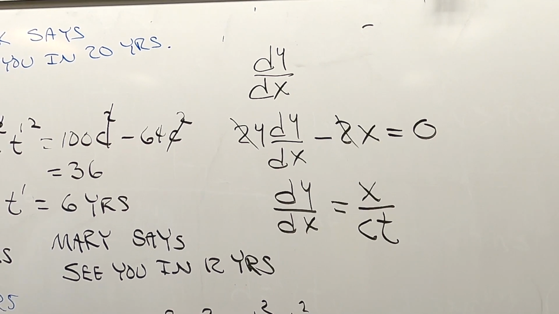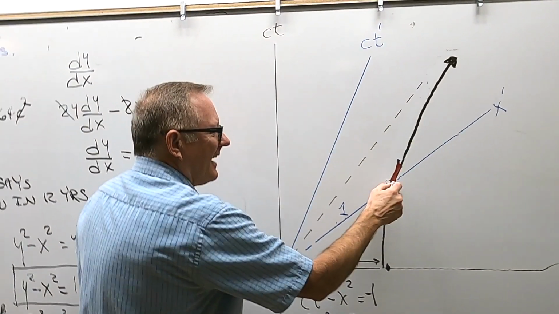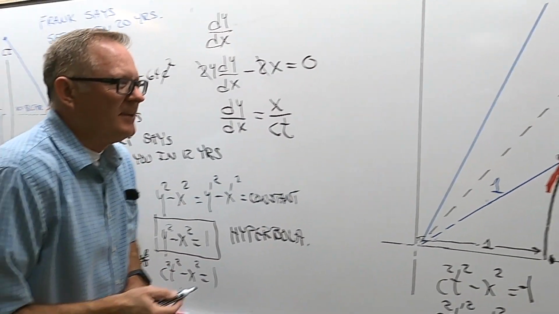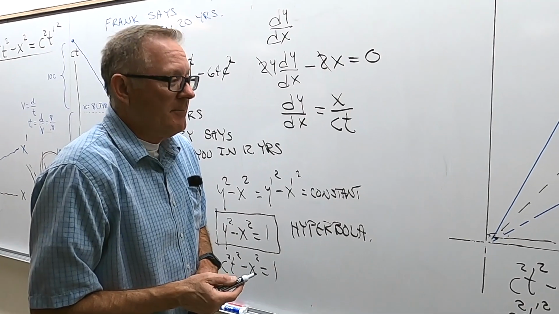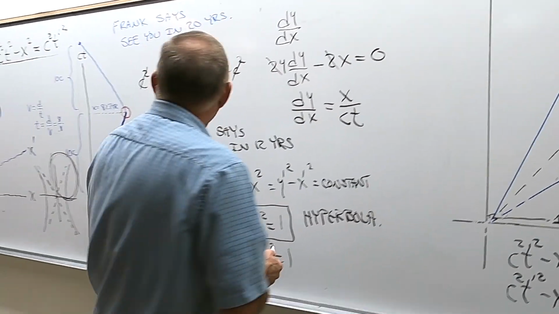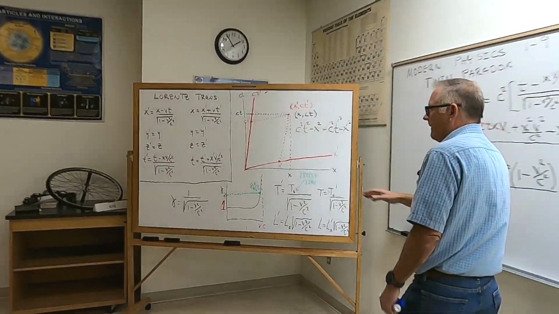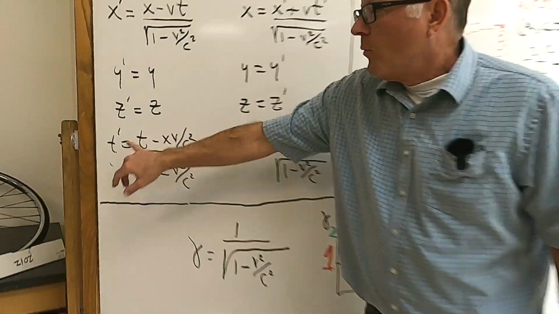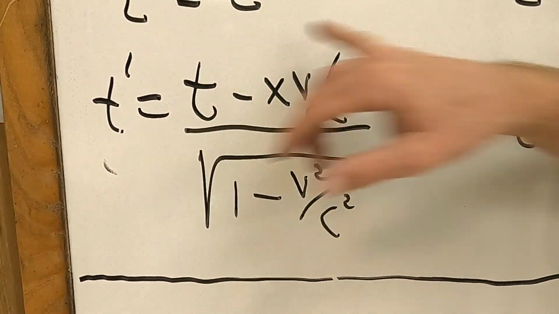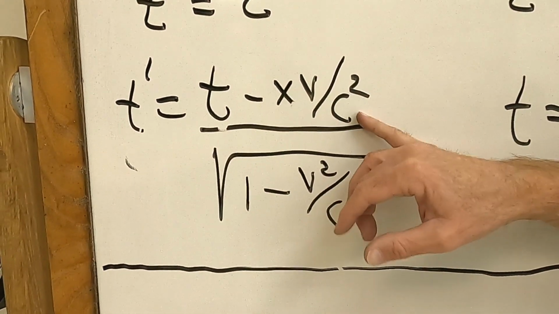So this is the slope, but I want to know what is the time right there. How do I know what t is? I know what t prime is. T prime is 0 there, but what is t? Well, remember we had our transformation equations right here. When t prime is 0, the numerator is 0, which means t is just xv over c squared.